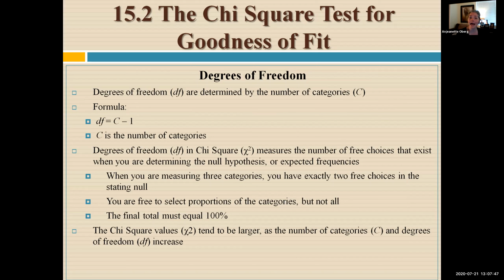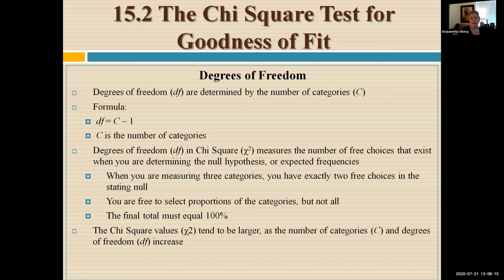When we're calculating degrees of freedom, these aren't based on the number of participants you have, they're now based on the number of categories you have. So if we were looking at categories A, B, and C, that's 3 categories. We define the number of categories by C, that's how we notate it. So degrees of freedom is categories minus 1, okay? And just like always, degrees of freedom is looking at which ones are free to vary under the null.